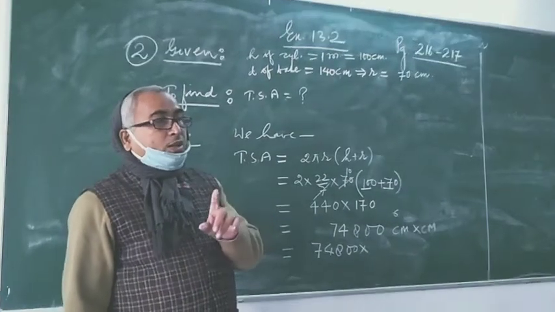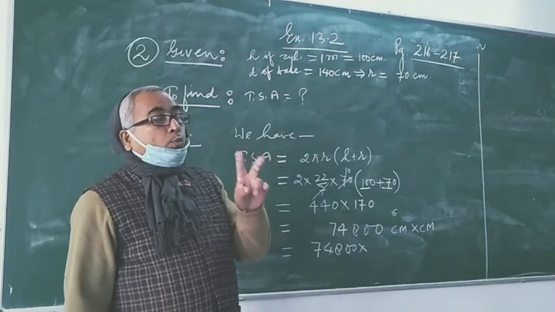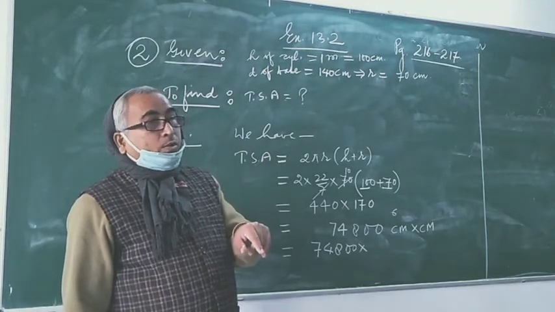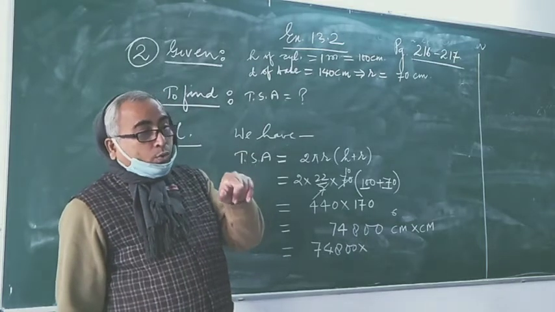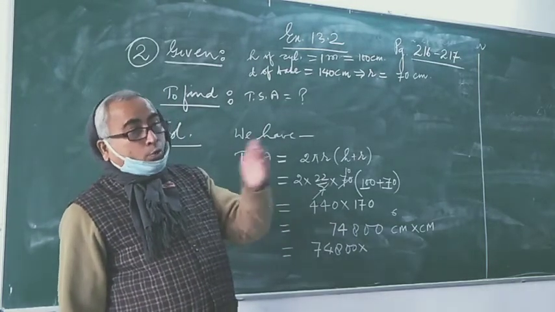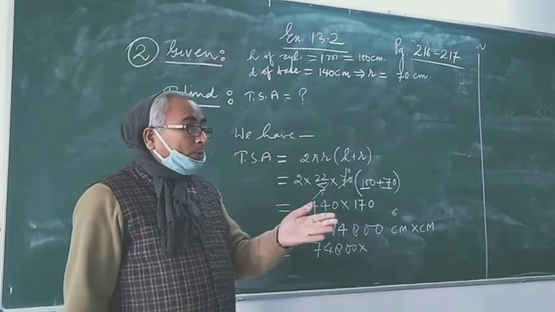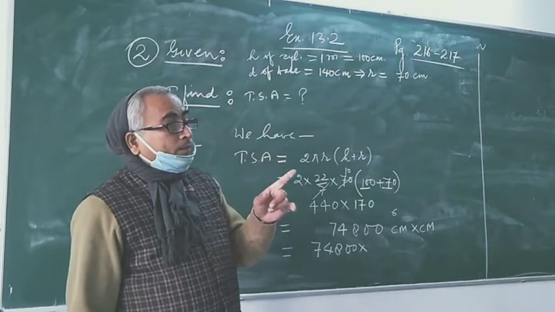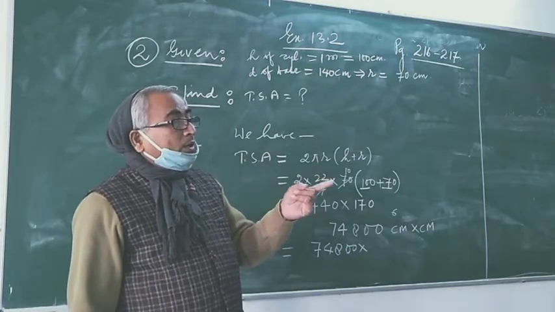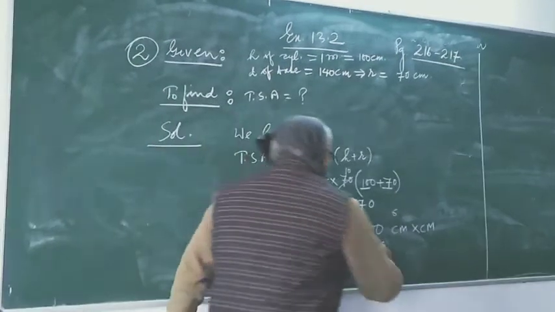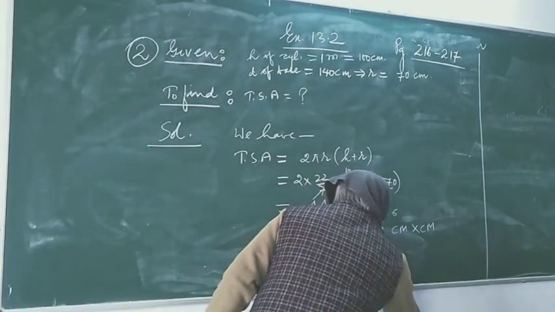So 2 times centimeter is there, so we have to write 2 times 1 upon 100. Why? Because centimeter into centimeter is there, so we have to convert into meter. How can you convert centimeter into meter? Only one way: in the place of centimeter, we note down 1 upon 100 meter.